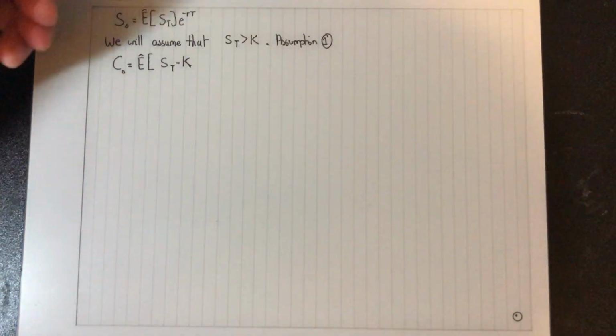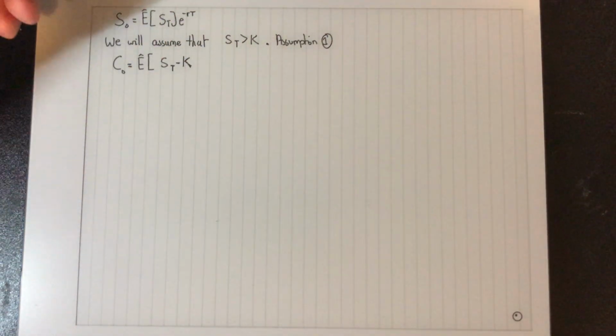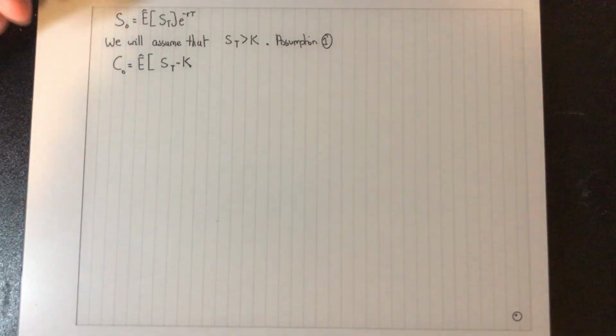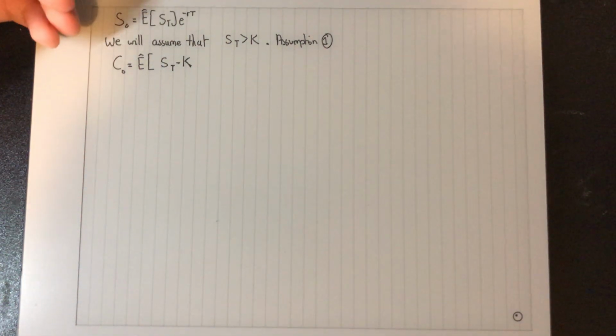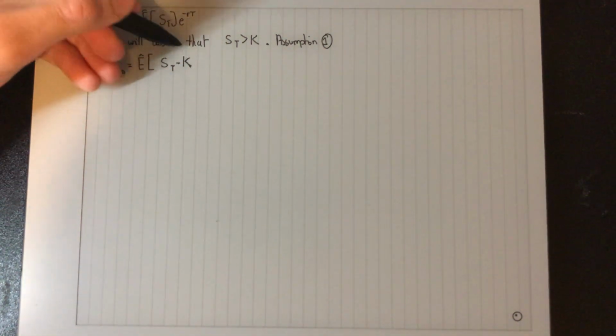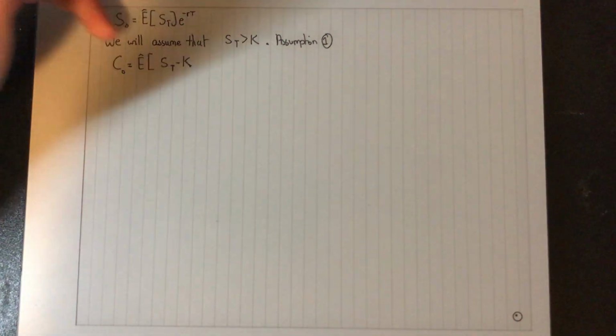So since I assumed that ST is greater than K, I won't have to have an indicator function over here, because we know that this value is always positive.